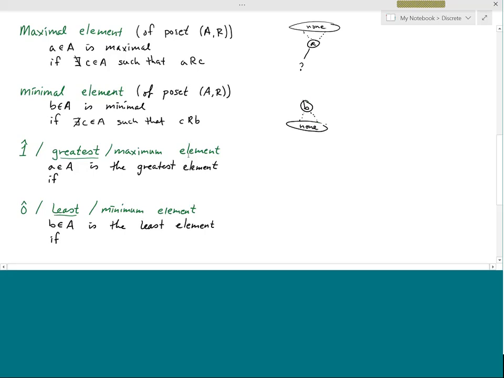Now, greatest or maximum element is very similar to a maximal element, except it's a little bit different, so here's how it changes. In terms of the greatest element, this is true if X is related to A for all elements X in your relation or in your building set.